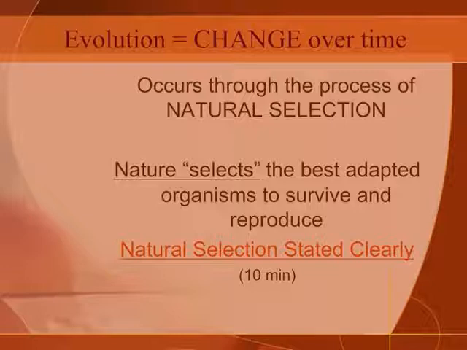If you look on the left side of your graphic organizer, you will see the statement, how does evolution occur, and natural selection, with a space to write some information. Please write in that space that this means nature selects the best adapted organisms to survive and reproduce.